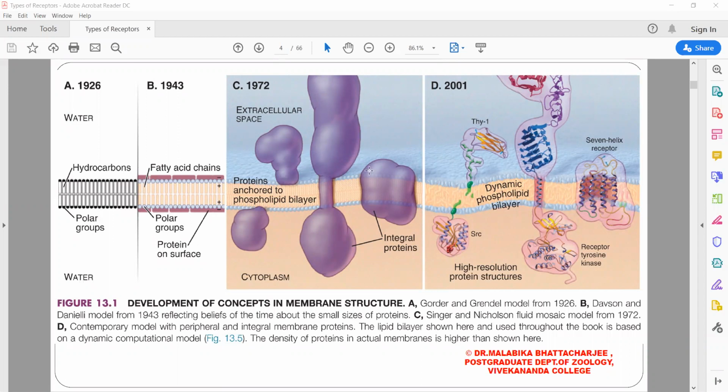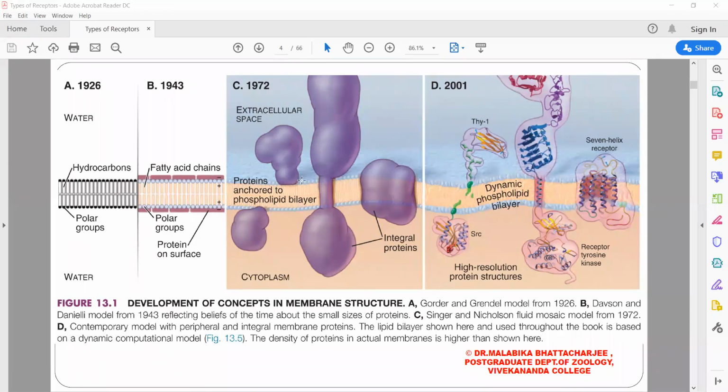In this particular picture, we are not seeing the presence of carbohydrates, but Singer and Nicolson also proposed that there are carbohydrates present on the membrane, and the carbohydrates remain attached either to the lipid molecules as glycolipids or to the protein molecules as glycoproteins.